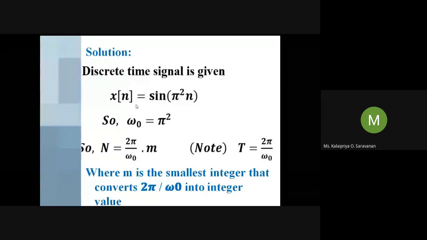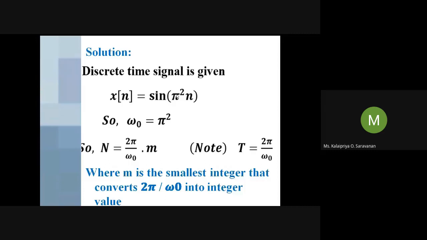Now, the given discrete time signal in the question is x of n is equal to sine pi squared n. From this, you will have to obtain the angular frequency omega naught. So sine is your function, n is your discrete instant of time representation. So whatever is left over is pi squared. This is nothing but the frequency part.